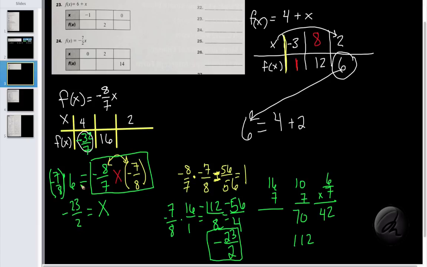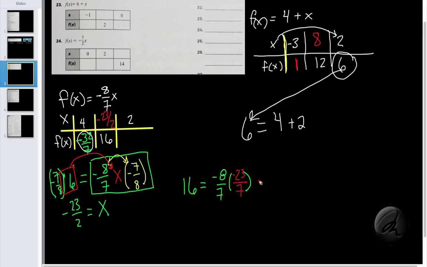So if my entire function equals 16, then the value of x must be negative 23 over 2.